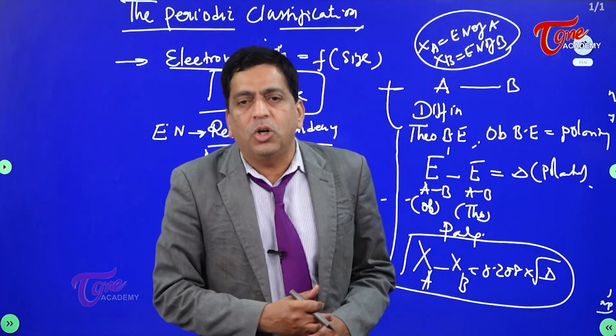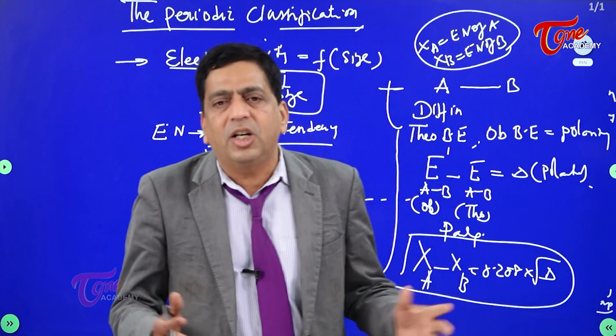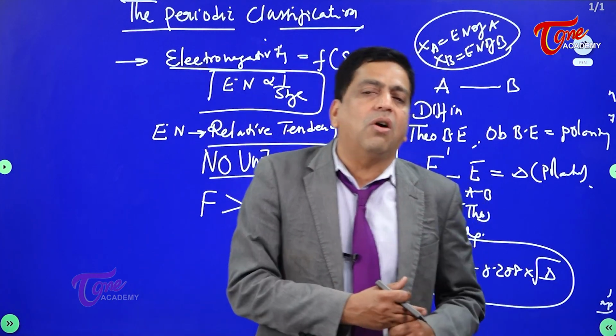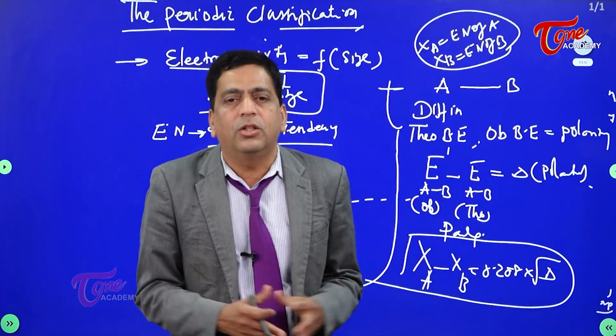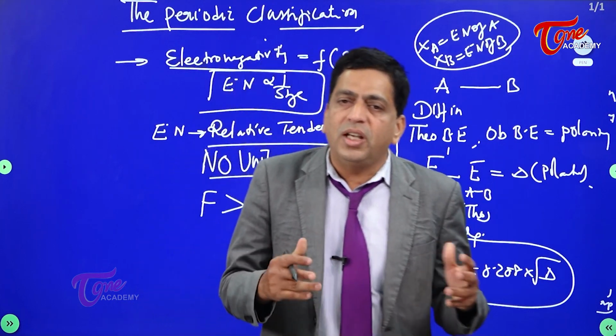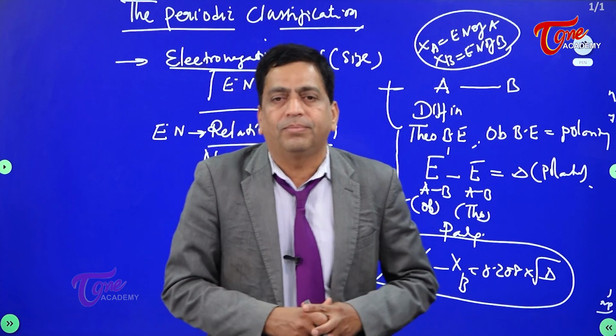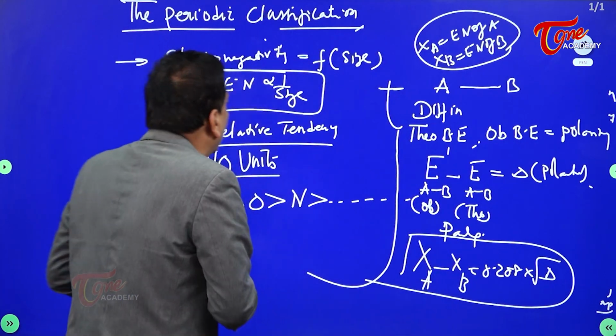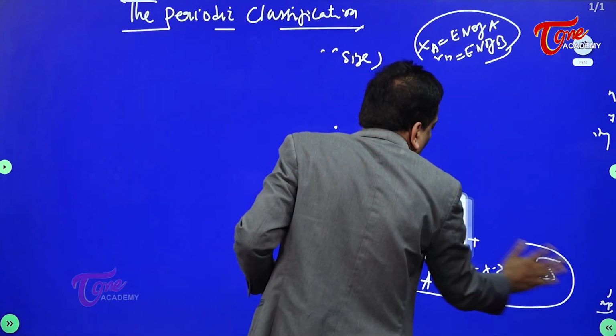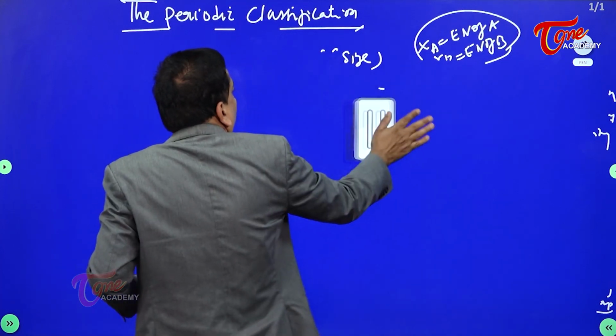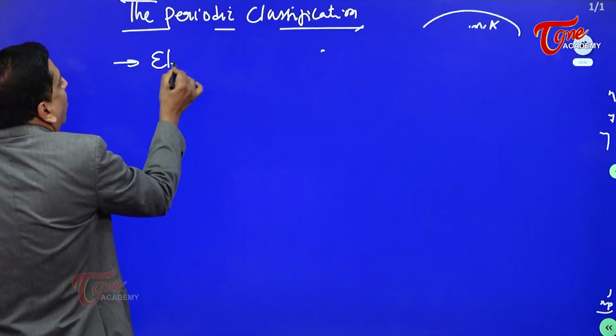Polarity will also be asked in the exam: the difference of observed bond energy and theoretical bond energy, where theory assumes that the shared pair is always at the center. That's one question. Now moving forward, this is another question. Watch carefully here. Coming to electron affinity.